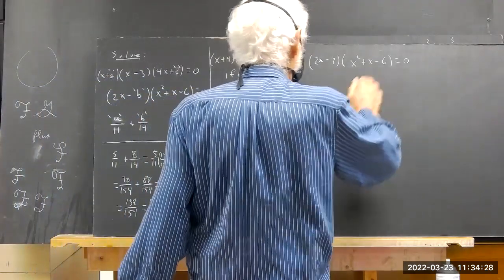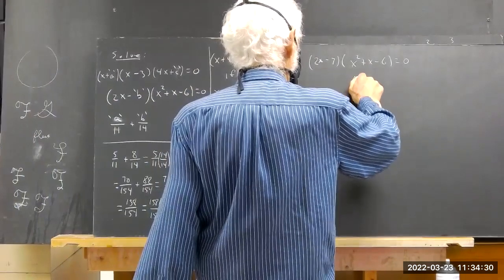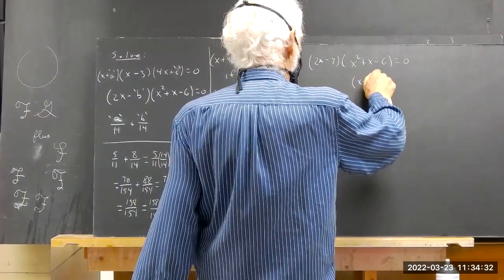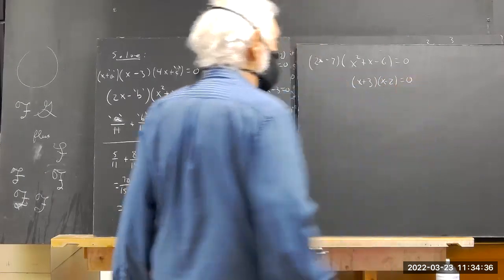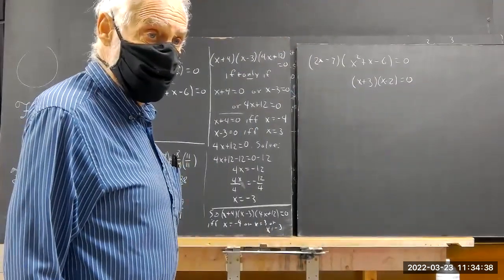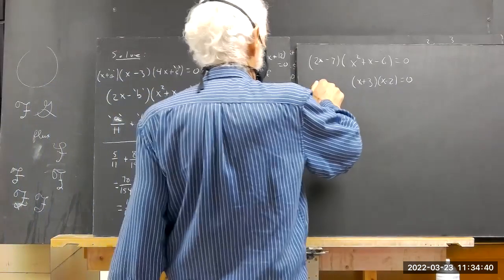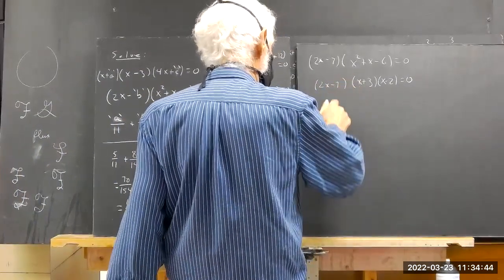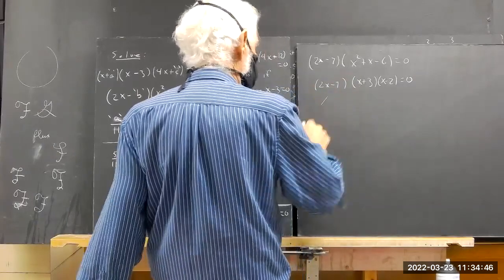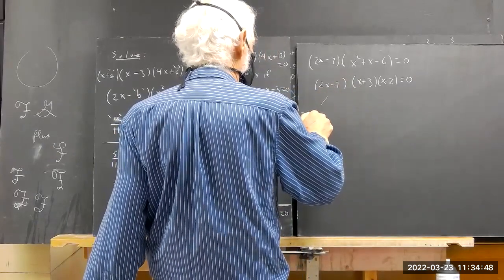You can factor x squared plus x minus 6. That's x plus 3 times x minus 2. Okay? And then, of course, we still have our 2x minus 7. So now I left myself room to do this in one line.